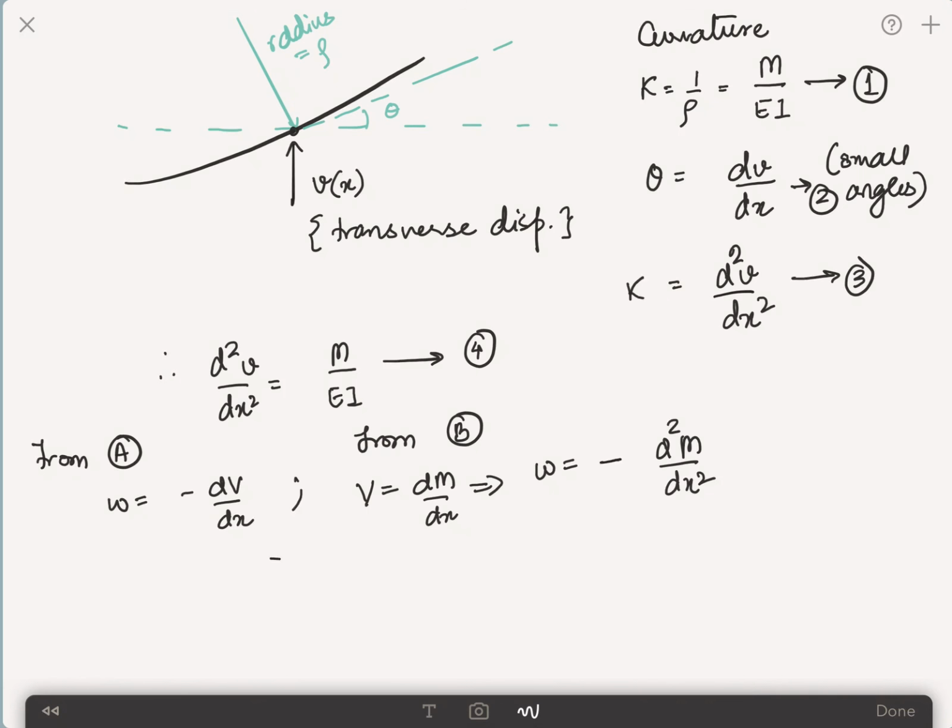And we know from equation 4 the value of M in terms of EI d squared v/dx squared.